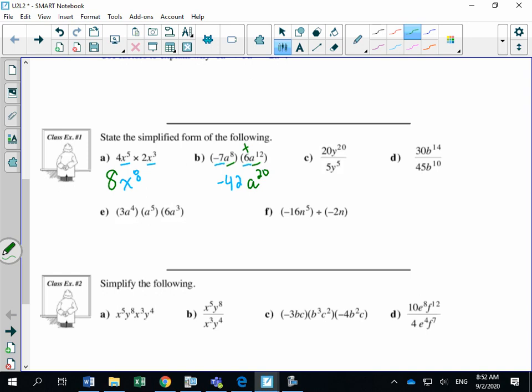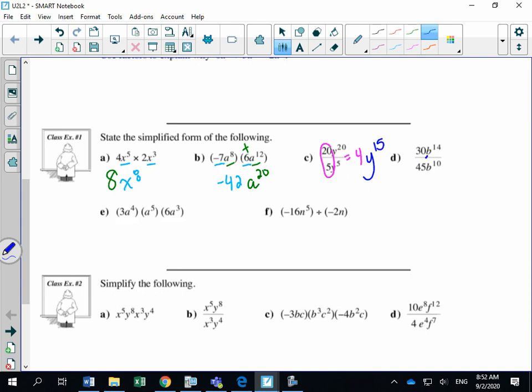C, you're going to divide the coefficients, which is going to be 20 divided by 5. 20 divided by 5 is 4. And then you'll apply your exponent laws to the variables, right? So the quotient law is subtraction. So 20 minus 5 is 15. So 4y to the 15.